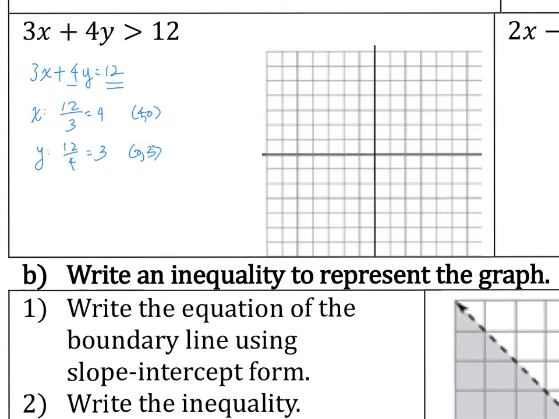Okay, and we go ahead and graph because this is a greater than sign, so we need a dashed line. 1, 2, 3, 4, and 1, 2, 3. This is 4, and I'm going to go ahead and draw this dashed line.